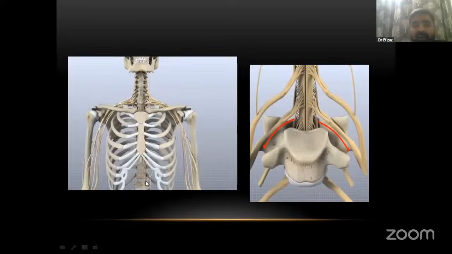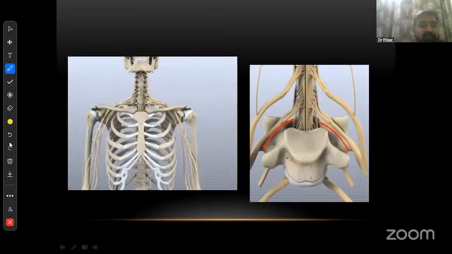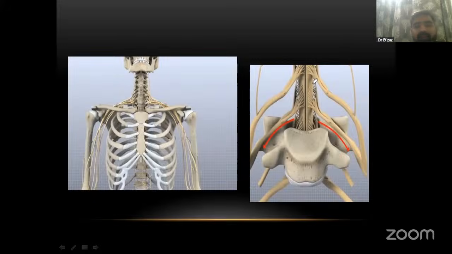This is the spinal cord. See the nerve roots. We have seen that each vertebral body gives a foramen on the lateral side, and there is a spinal root there.